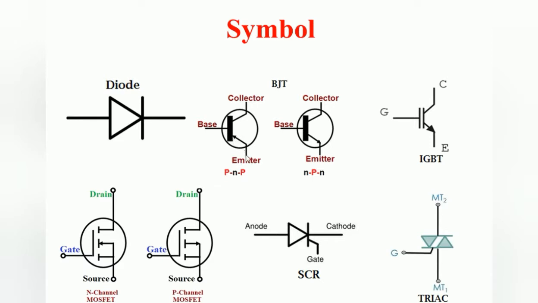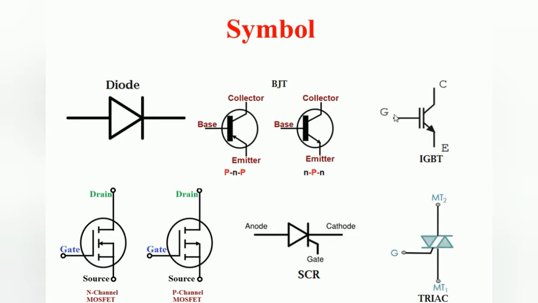In the PNP transistor the current flows from emitter to collector, so the arrow mark will be like this. In the NPN transistor, they have the same three terminals, but the arrow direction is opposite to the previous one. It represents that the current is flowing from collector to emitter.